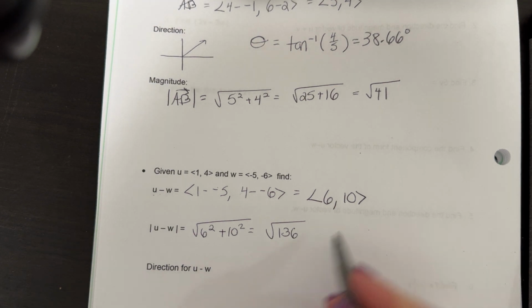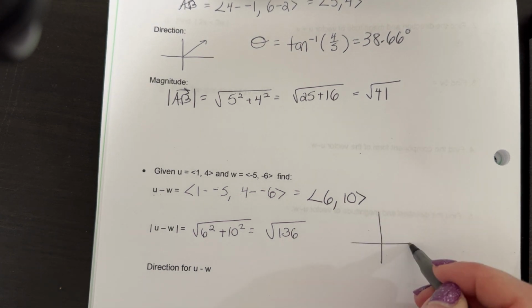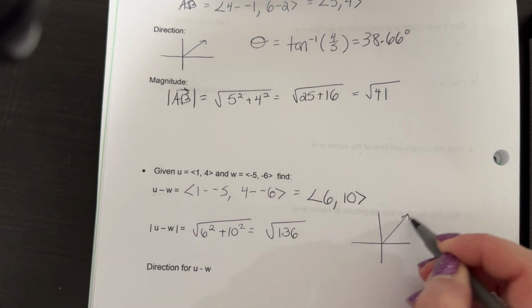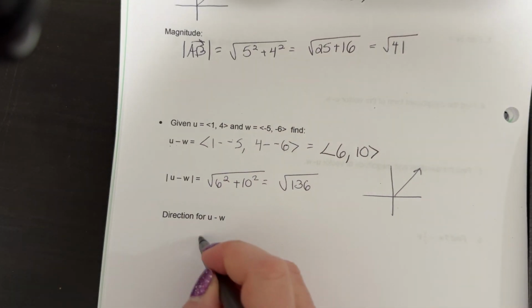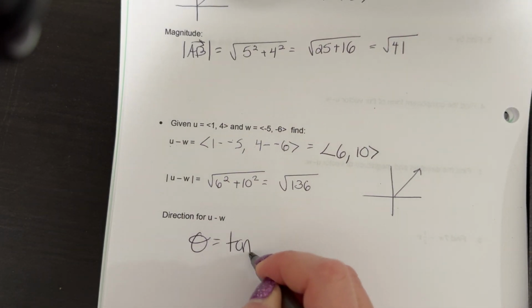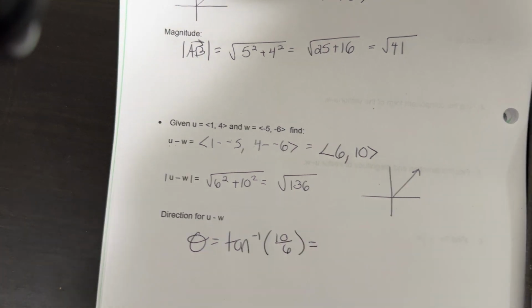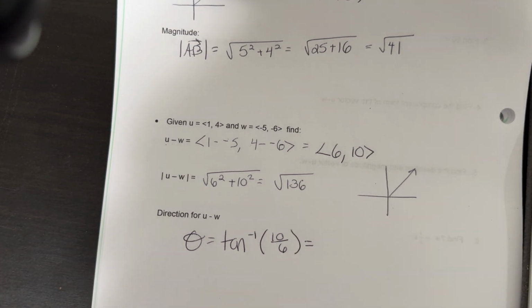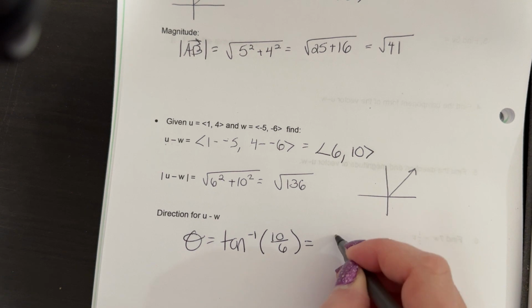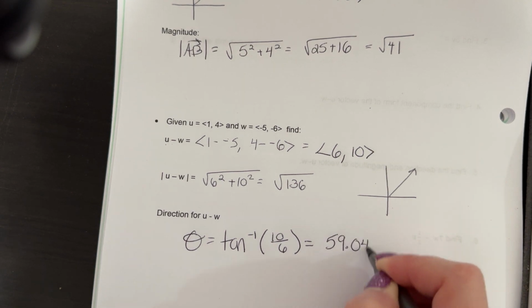And then the direction, the vector 6, 10. Oh, it's also in quadrant 1. So the tangent inverse of y over x gives me the actual direction since it's a quadrant 1 vector, and that is 59.04 degrees.